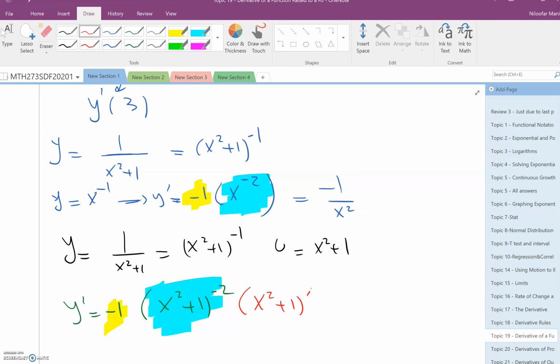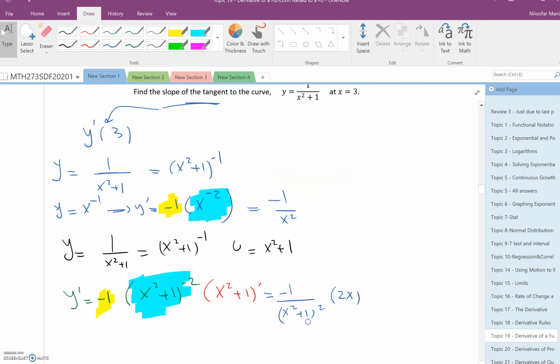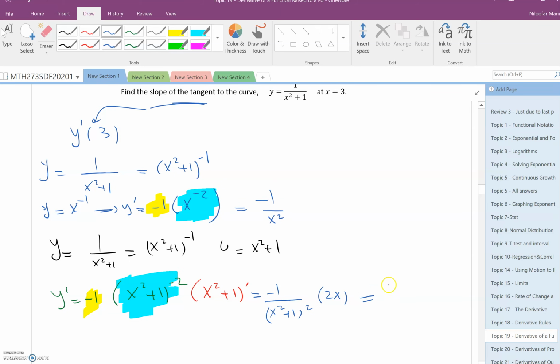So the answer is minus 1 times x squared plus 1 to the power 2 times 2x. Okay, so the answer is minus 2x over x squared plus 1 squared.